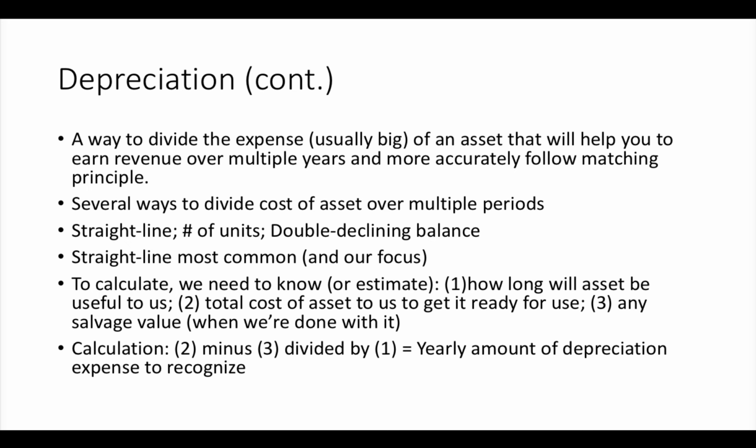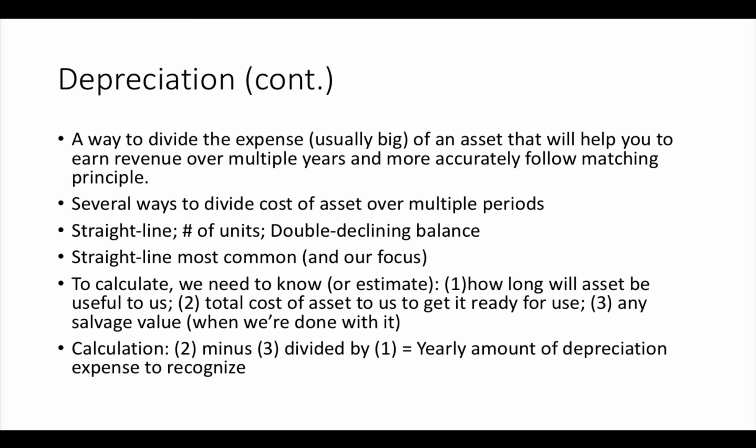Well, most often there's several ways of dividing up that cost. I have the most common ones listed here. We're only going to talk about straight line depreciation, which is basically amortization, which, if you're not familiar with the term, just means dividing up a large number, or any number, I guess, into equal payments over a time period.